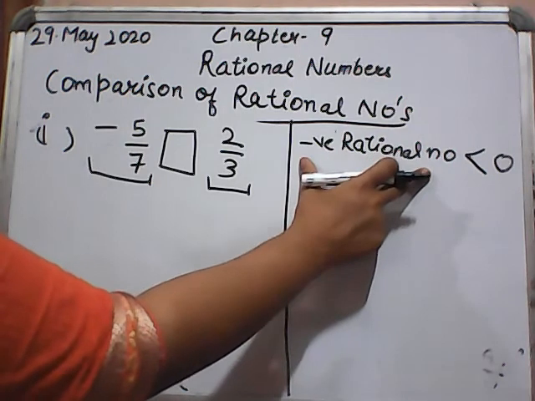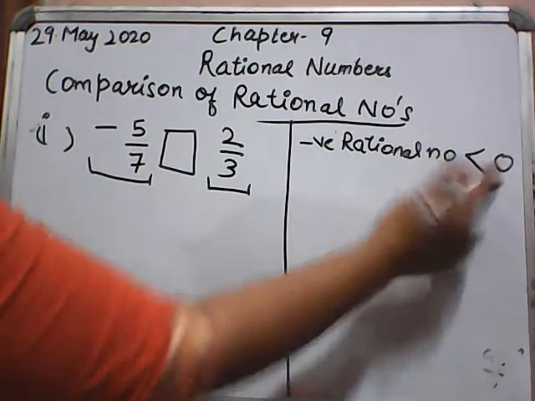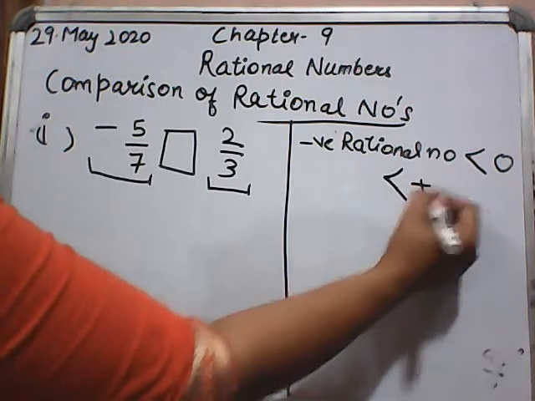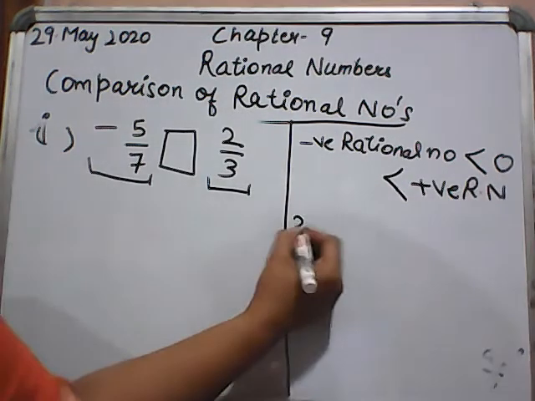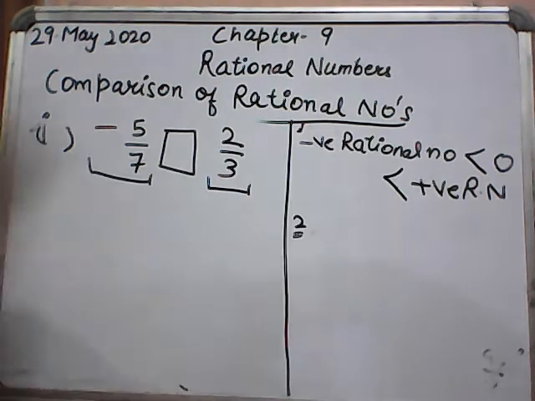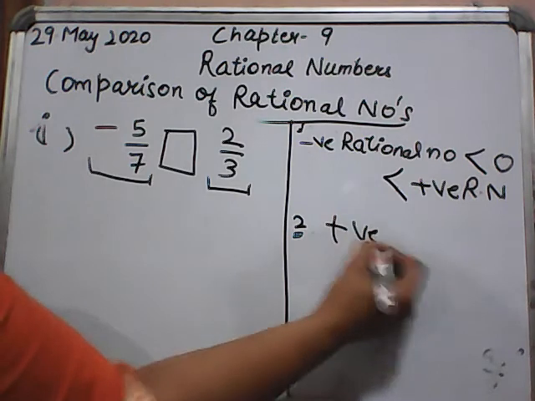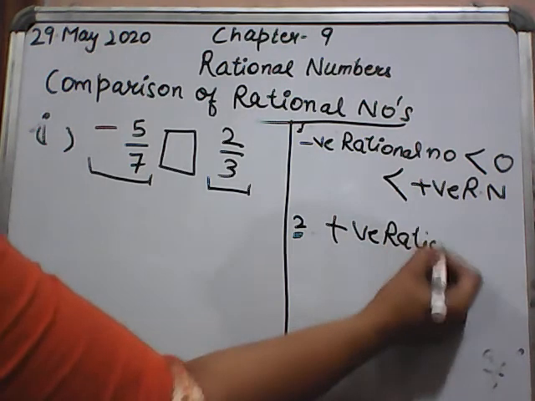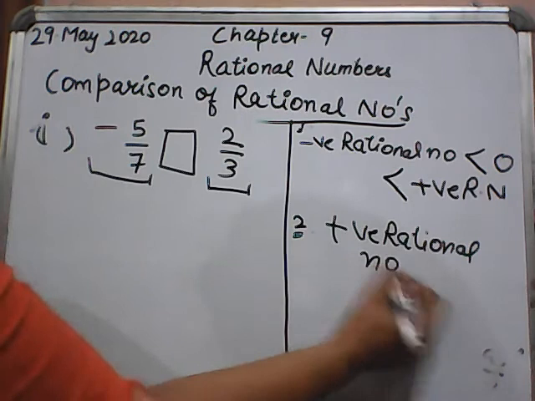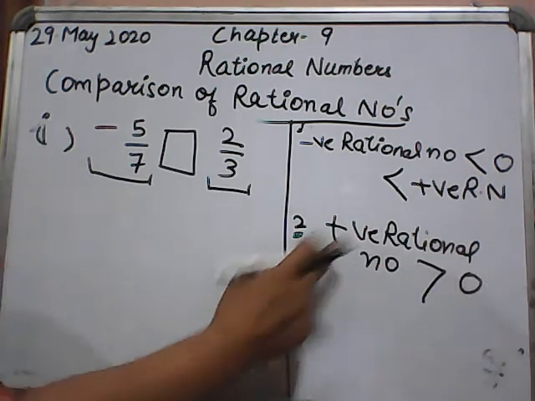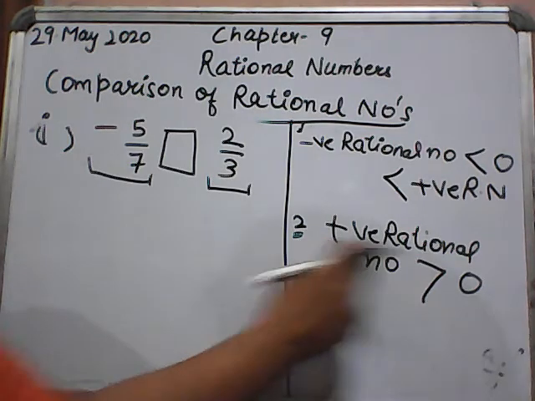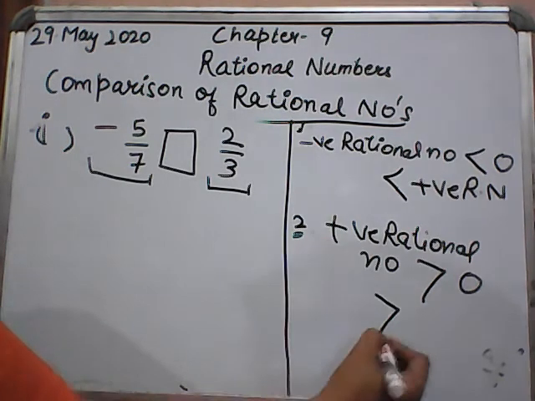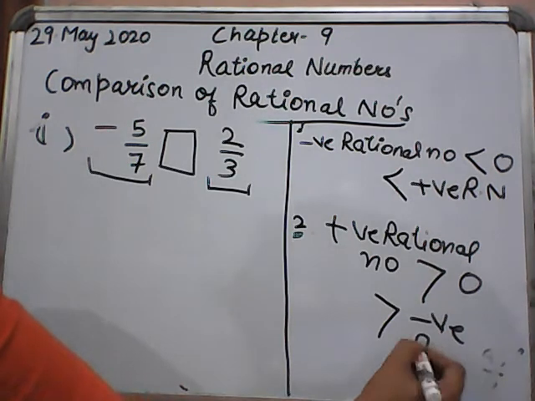A negative rational number lies to the left side of a positive rational number, so it is also less than a positive rational number. Second rule: a positive rational number lies to the right of 0, so a positive rational number is always greater than 0. A positive rational number lies to the right of a negative rational number, so a positive rational number is also greater than a negative rational number.